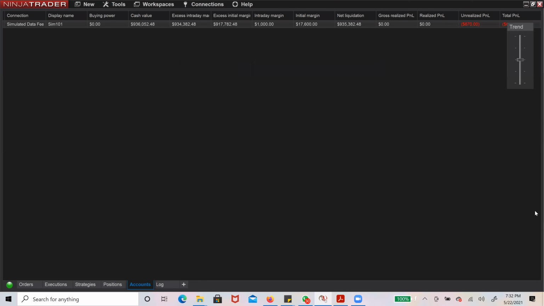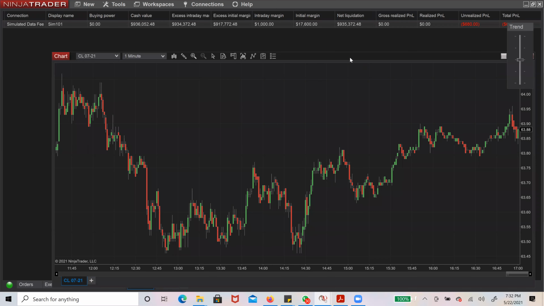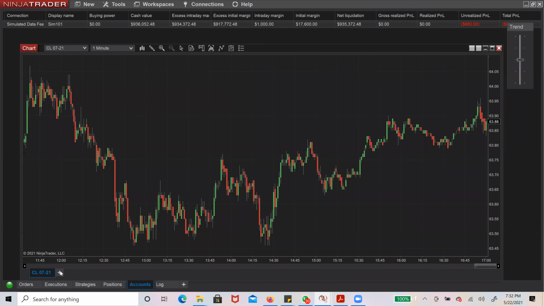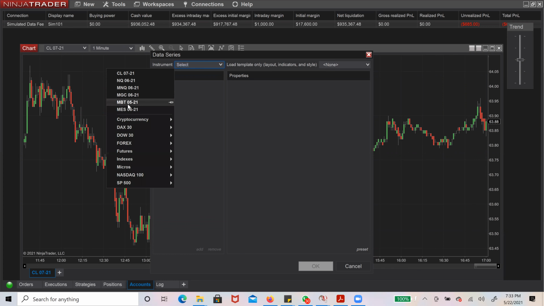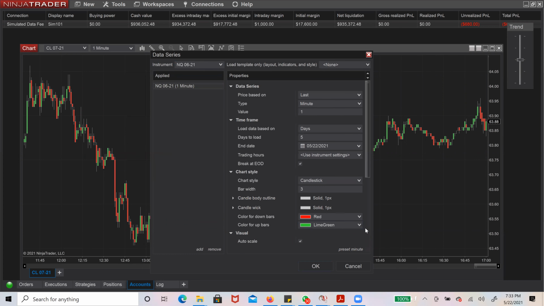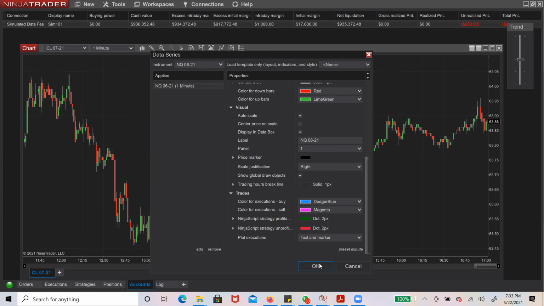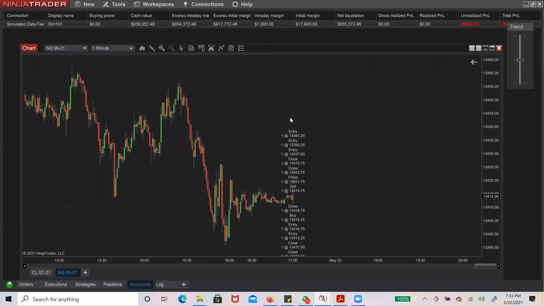Let me open it and you will see a mess. This one doesn't have it because I haven't traded oil in my simulation account, but I have traded NQ on my simulation account, as it is, not changing it. This is the mess you are going to look at.